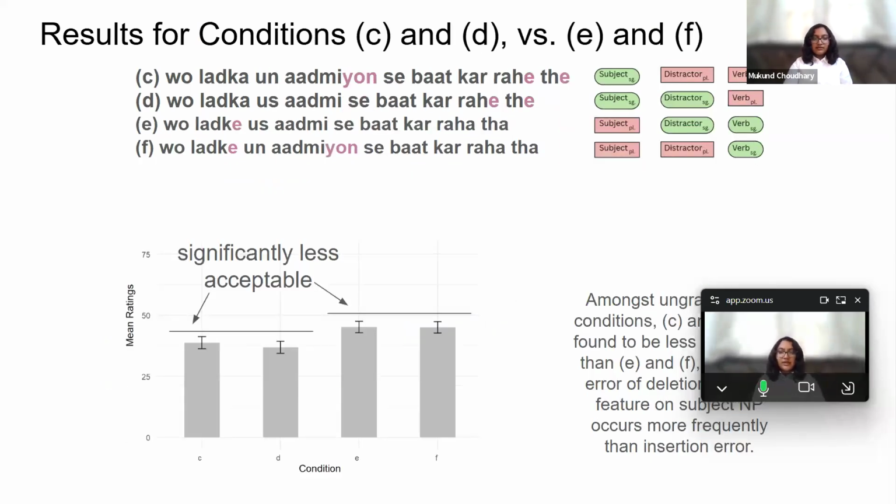Amongst the ungrammatical sentences, C and D, which required an insertion error for the sentence to become grammatical, were found to be less acceptable than E and F, which required deletion error for them to become grammatical. This implies that deletion error occurs more frequently than insertion error.